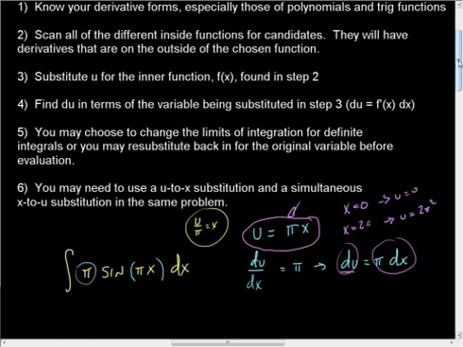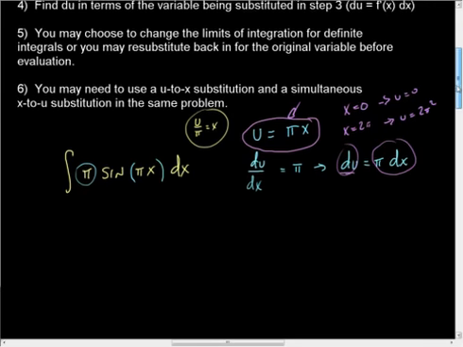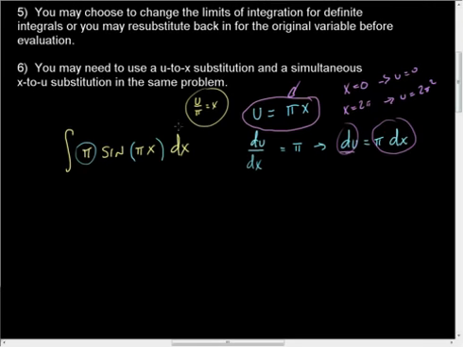Okay, so now let's go ahead and finish up with this particular example. Now I've made my u substitution, and so let me go ahead and rewrite this here. We have the integral of pi sine pi x dx. Okay, so now we've made our u substitution of u is equal to pi x.